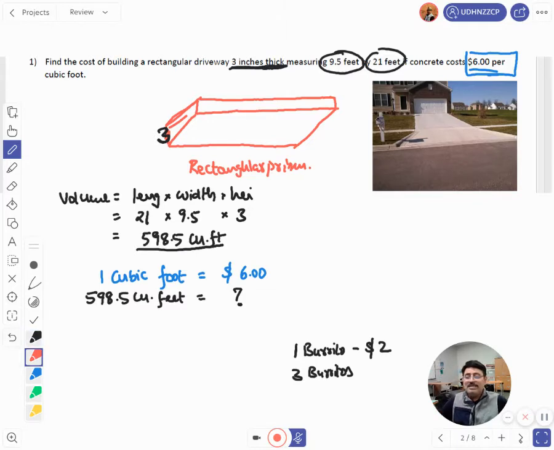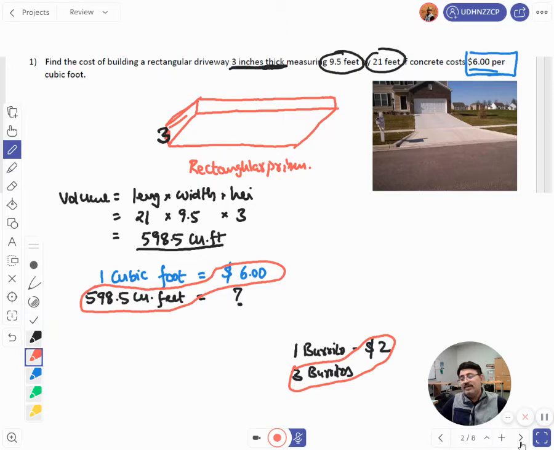Or else simply multiply three times two to get the answer. In the same way, 1 cubic foot is given and you are asked to find more cubic feet. So just like our burrito example, you may multiply these.